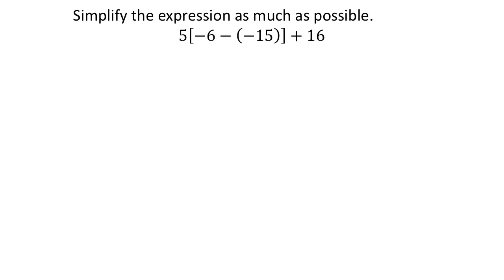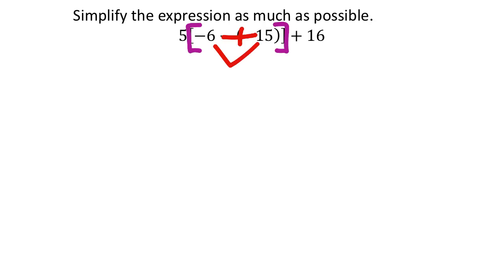All right, here's another double parentheses example. So we got this set of brackets. Oh, so the set of parentheses inside the brackets, that's not affecting anything because there's no operations inside that parentheses. So I got -6 minus -15. Again, I don't like to see that minus negative garbage. So I'm going to change it to -6 plus 15.